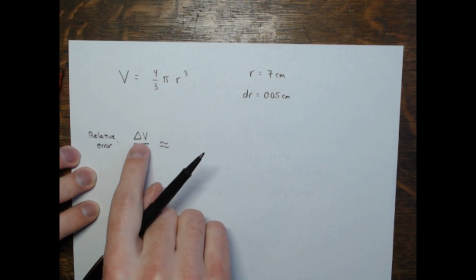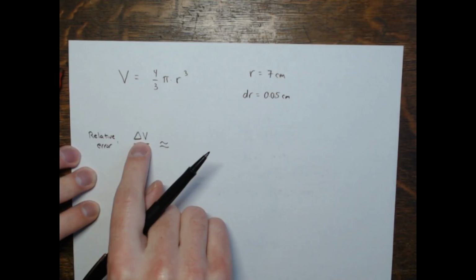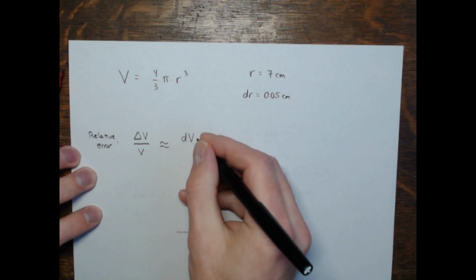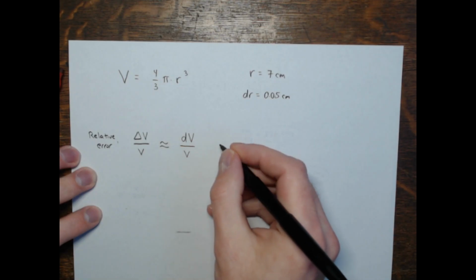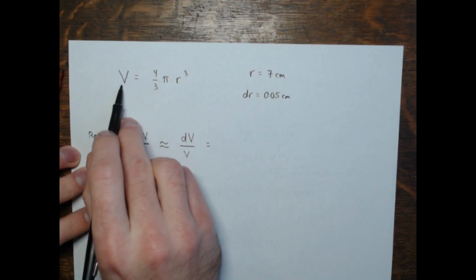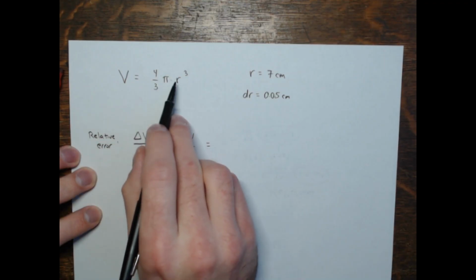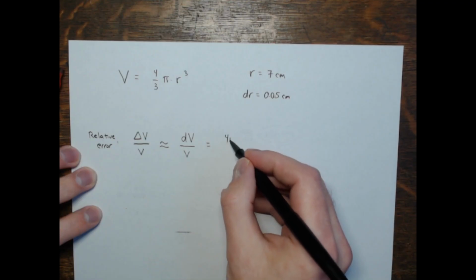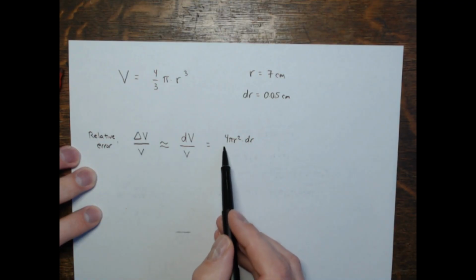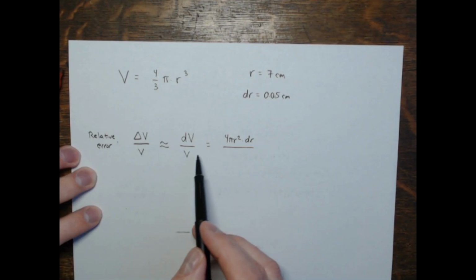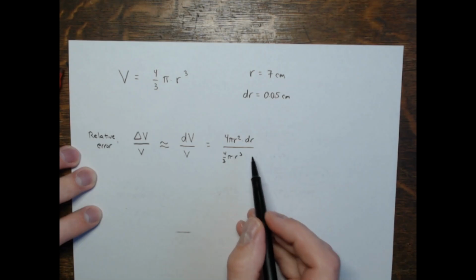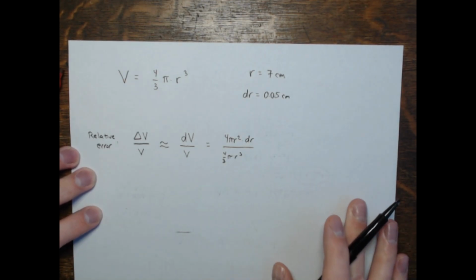Again, I don't usually want to find the actual volume change, though. We can estimate this with our differential of volume. So dV over V. Now dV here, the differential of V, would be the derivative with respect to R. So that's 4 pi R squared times dr, your derivative function times dr. And then V itself is 4/3 pi R cubed. We can do a little simplification here even before plugging in numbers.